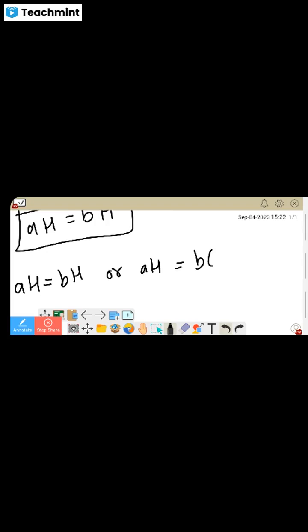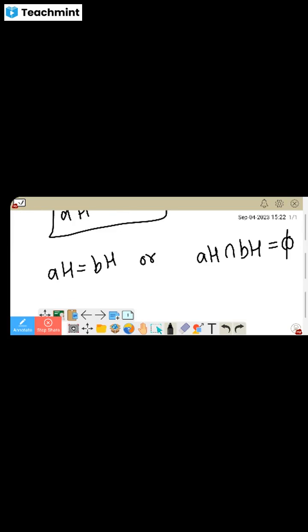Either AH is equal to BH or AH intersection BH is equal to empty set. It means that either we have this condition or this.